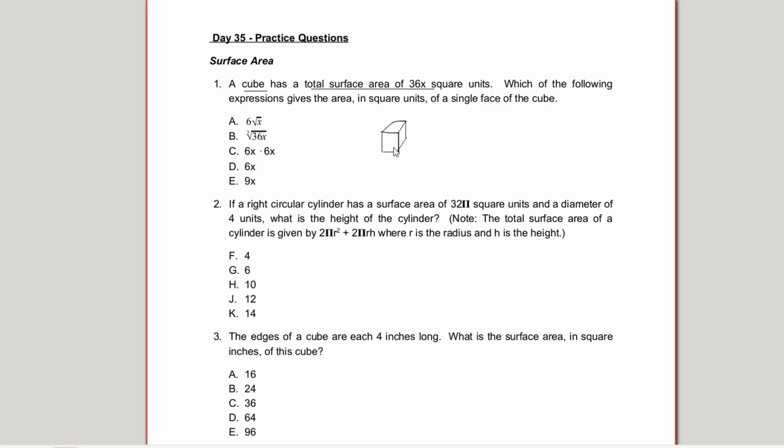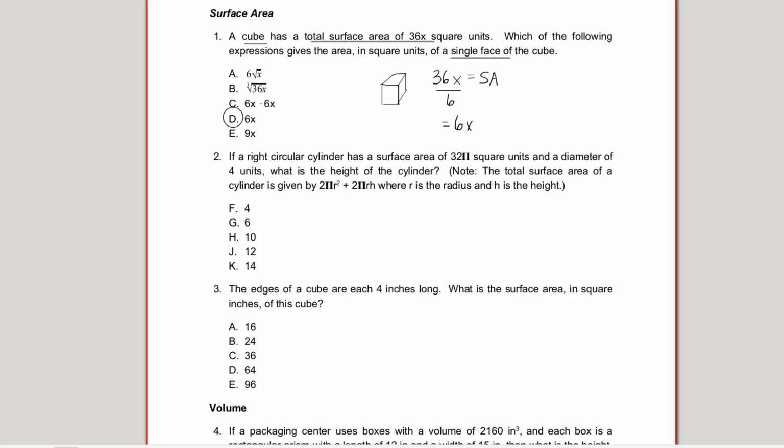The 36x represents the total surface area of this cube. To find a single face, since there are 6 faces and they are identical, we'll divide this by 6 and we get that a single face is equal to 6x. And that is going to be answer choice D.